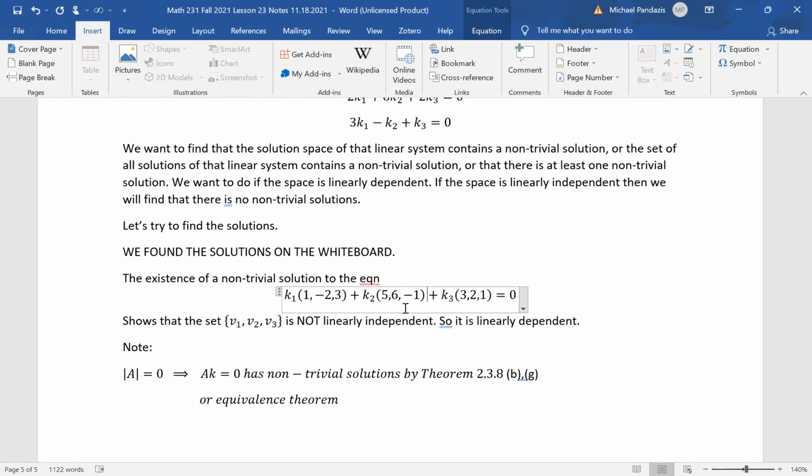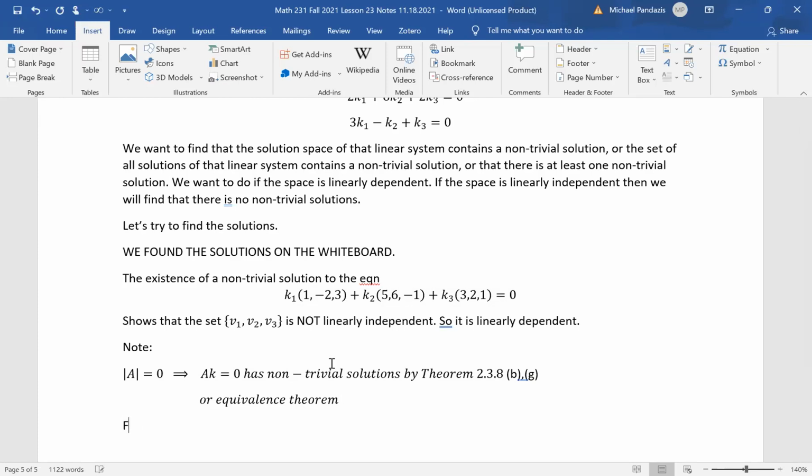You want to know whether or not all these vectors matter in the span. If your set is linearly dependent, there'd be a way to get rid of at least one of those vectors and the set would span the same space after you remove it. So we want to know whether or not we're getting the span in the most efficient way possible by talking about linear independence and linear dependence.